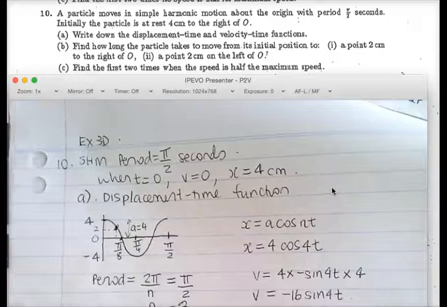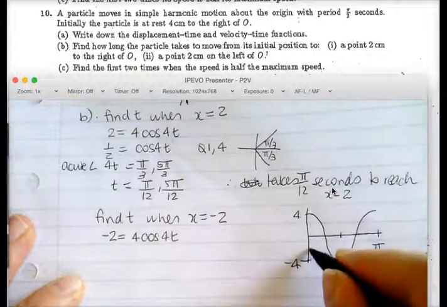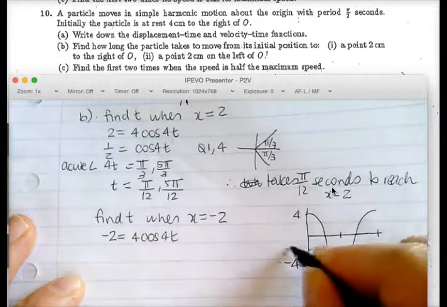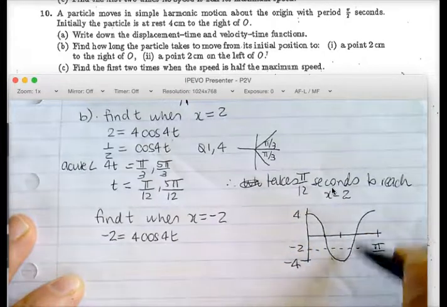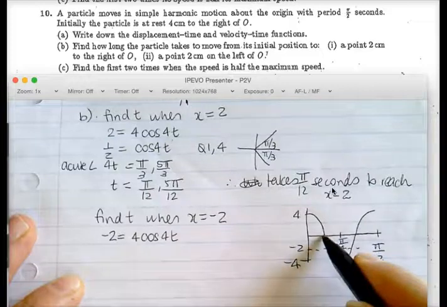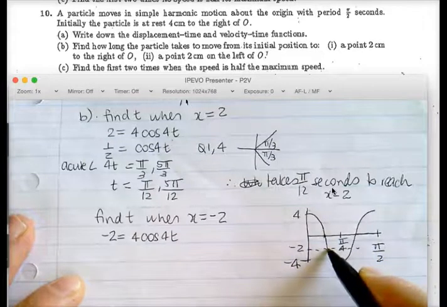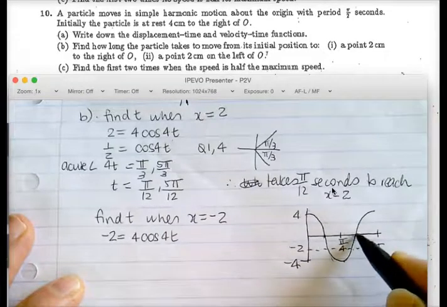So I'll bring the diagram back down. I've drawn it again. See, 2 centimetres to the left, can you see where it is? So that's quadrant 1, quadrant 2, 3, 4. So we're expecting between pi on 8 and pi on 4, and between pi on 4 and whatever that is.